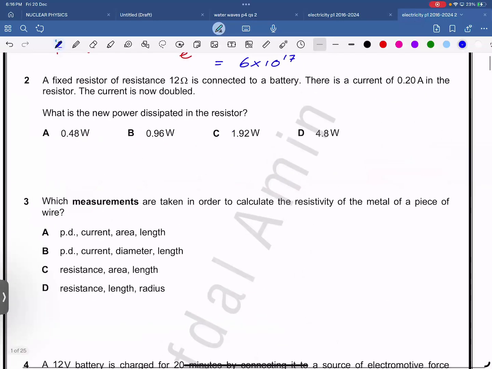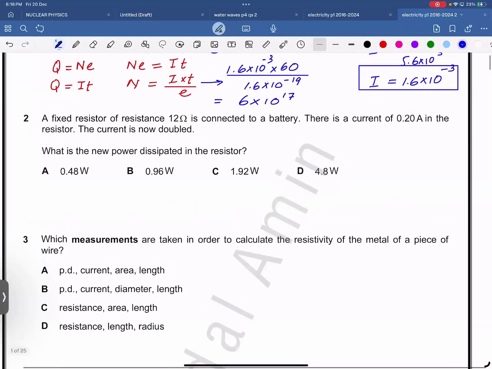Question number 2, my dear students, as you can see, the fixed resistor has a resistance 12 ohms. The current is I 0.2. Okay, now they say, now the current is doubled.